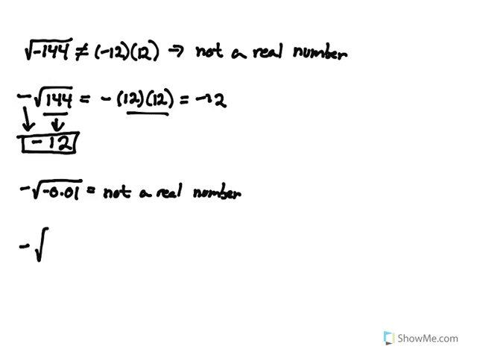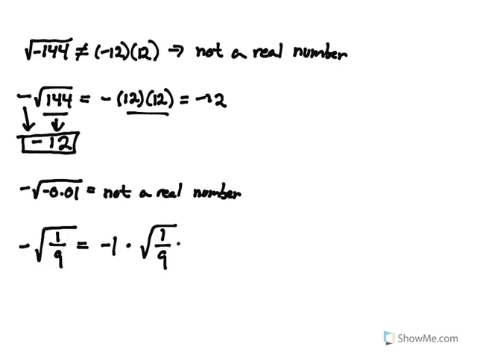Let's say you had the square root of 1 over 9 with a negative on the outside. Well, that equals negative 1 times the square root of 1 over 9. The negative is on the outside, so it doesn't have any impact on the square root of what's inside, which is 1 over 9.